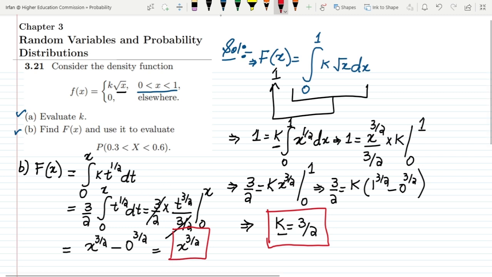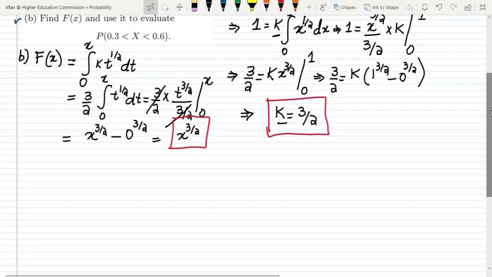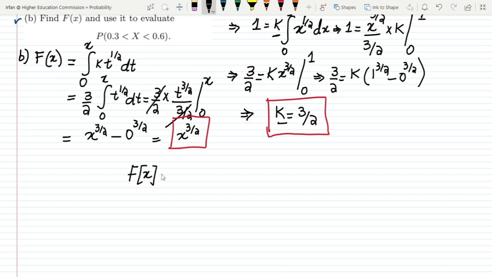Mathematically, let me write these values. F of x is 0 for x less than 0.